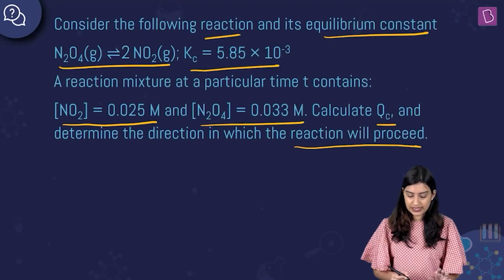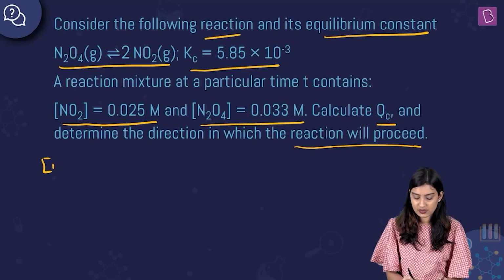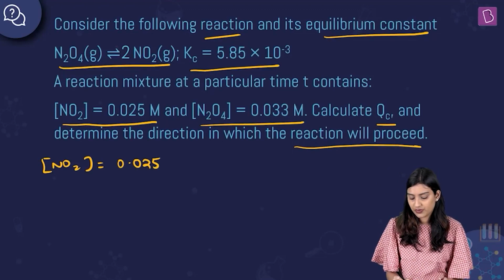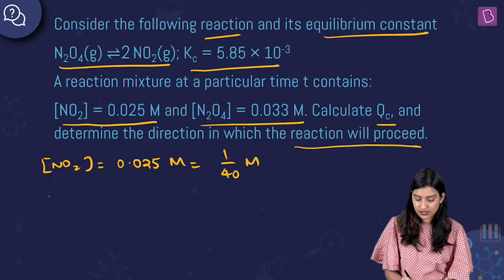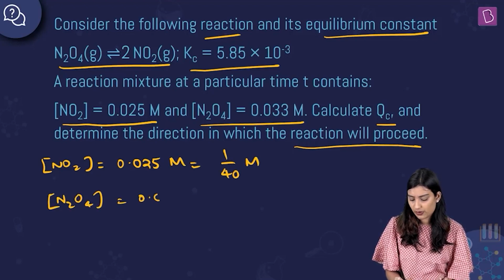Right. So let's see. What we have is concentration of NO2 equal to 0.025 molar. Now this is nothing but 1 by 40 molar. And you have concentration of N2O4 as 0.033 molar, which is nothing but 1 by 30 molar.